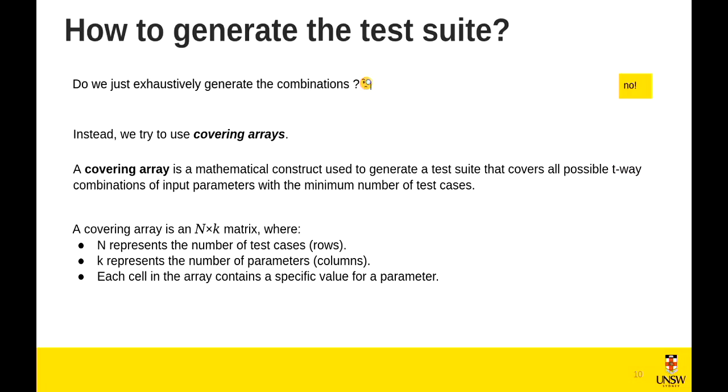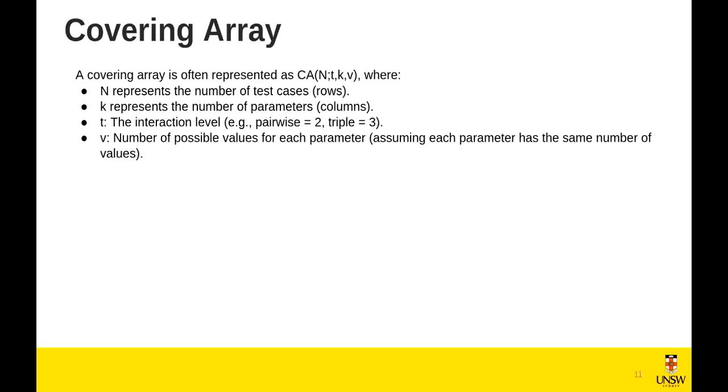Each cell is a specific value for a parameter in this covering array. It could often be denoted like this if we add more information. Apart from the number of test cases and the number of parameters, we can also specify the interaction level, and the number of possible values that each parameter can take, assuming that they all have the same number of values.